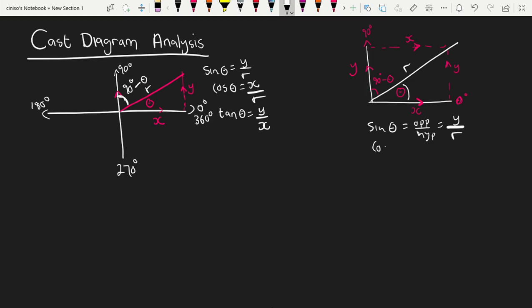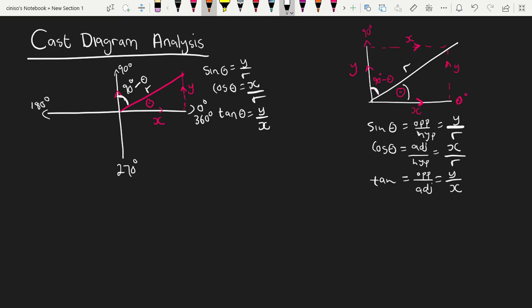And then for cos of theta, it's what? It's adjacent over hypotenuse, which in this case is going to be x over r. And then your tan, it's going to be what? Opposite over adjacent. What's your opposite? y. What's your adjacent? x.